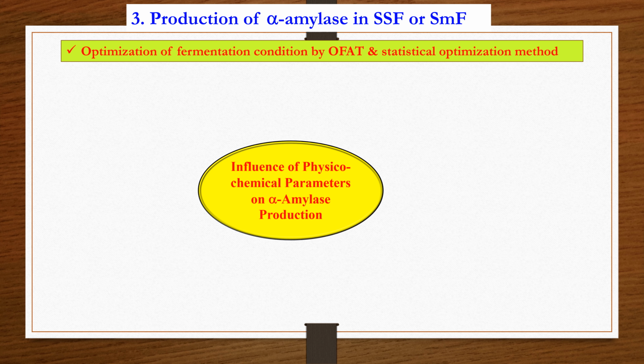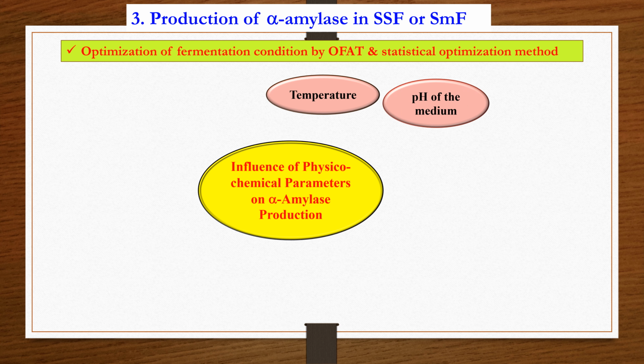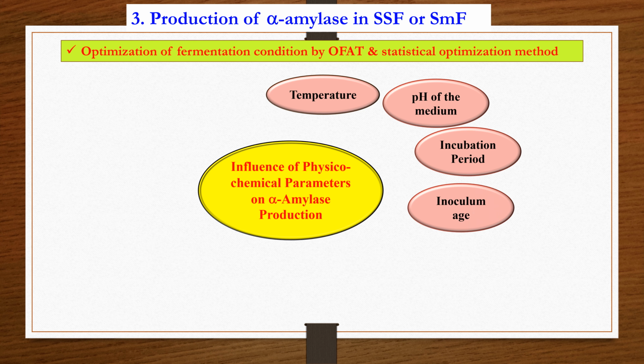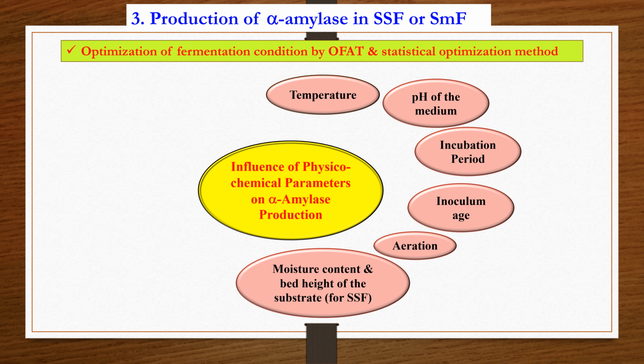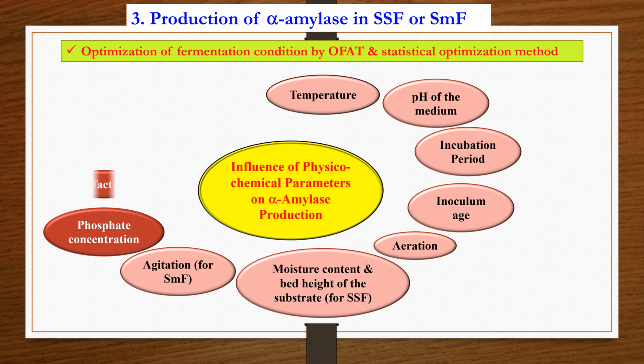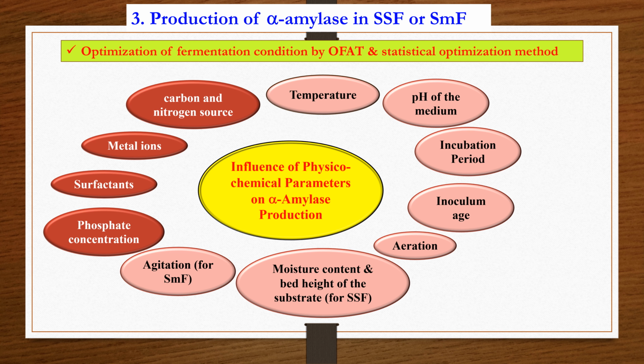Among these, the most important and thoroughly investigated factors are the temperature, pH of the medium, incubation period, inoculum age, aeration, moisture content and bed height of the substrate for the solid-state fermentation process, agitation for SMF, phosphate concentration, surfactants, metal ions, and additional carbon and nitrogen sources. In my next video, I will discuss in detail the influence of physicochemical parameters on alpha-amylase production.